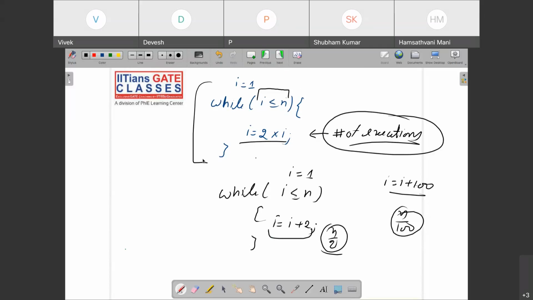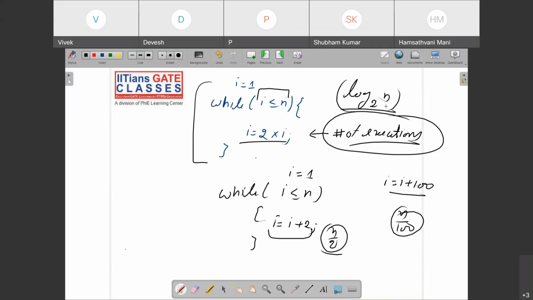Okay, so I will go with the first answer. Yes, Shubham, you can unmute yourself and try to explain why it is log base 2. Sir, in the first iteration, I's value changes into I by 2. Then in the second iteration, it will be I by 4.